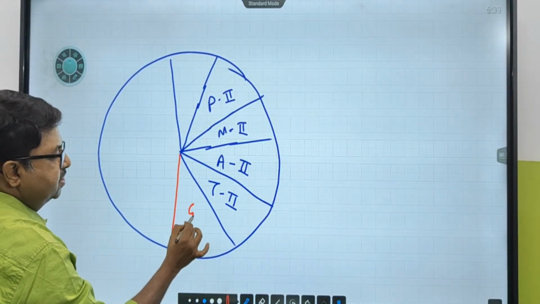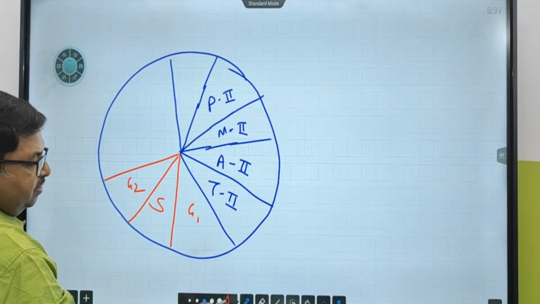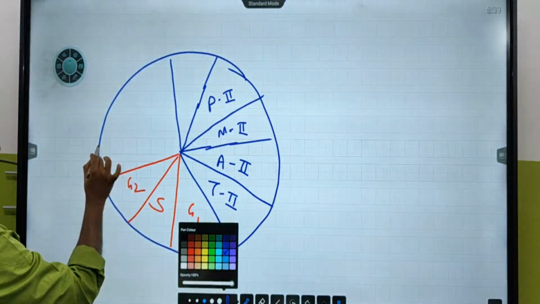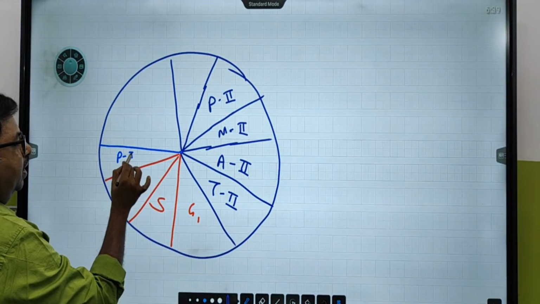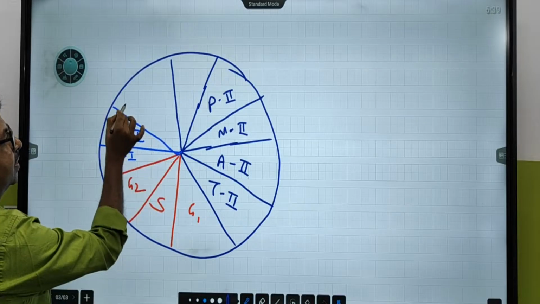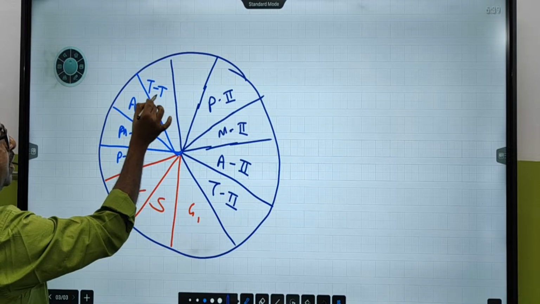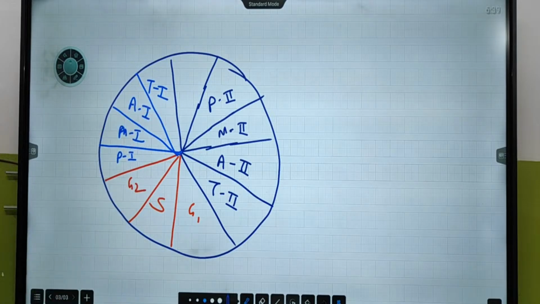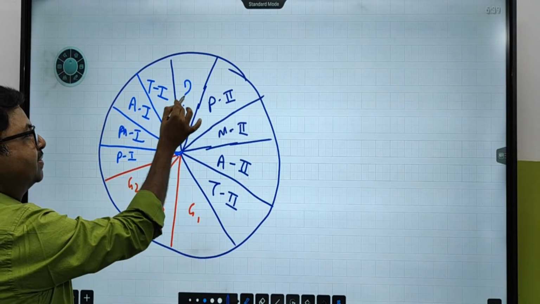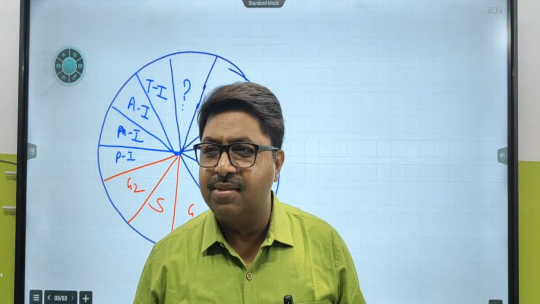What is this? G1, S, G2, prophase 1, metaphase 1, anaphase 1, telophase 1. What is this? What is the stage? This is the cell cycle for meiosis.